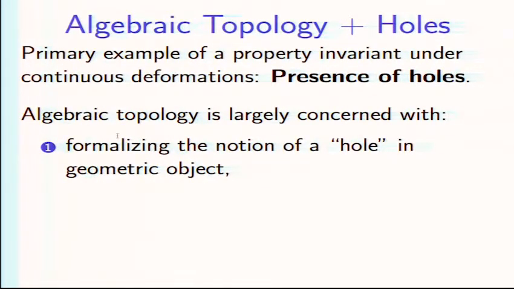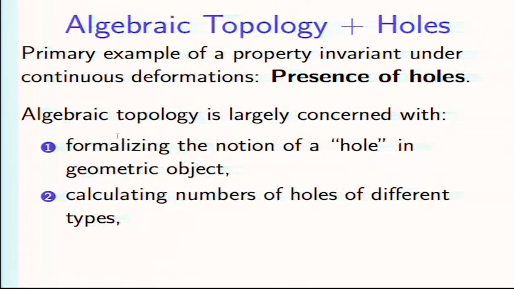And as such, algebraic topology is largely concerned with studying holes in geometric objects. It's interested first in formalizing the notion of a hole in a geometric object mathematically, and it turns out that to do that right takes some work, as intuitive as the notion of a hole is.